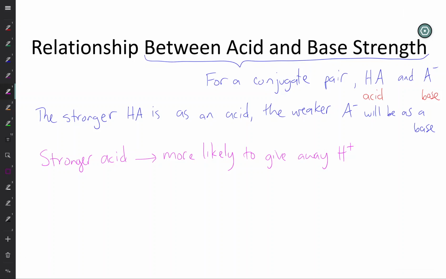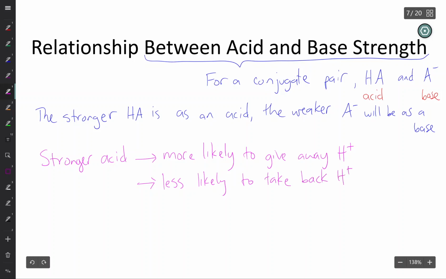Something that's really willing to give up H+ is less likely to take it back. So whenever we're talking about base strength, we usually compare it to its conjugate acid. And the stronger the acid, the weaker the conjugate base.